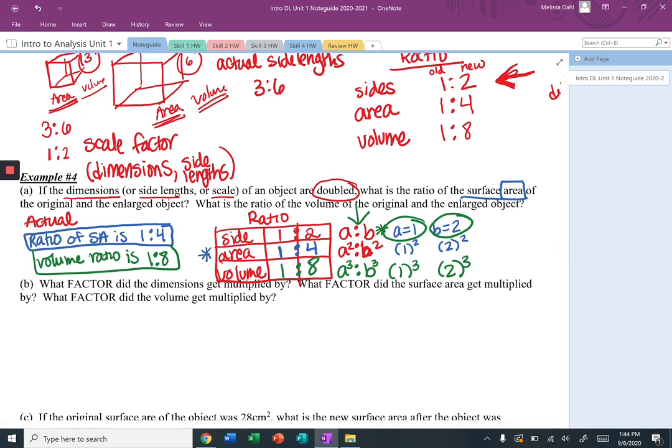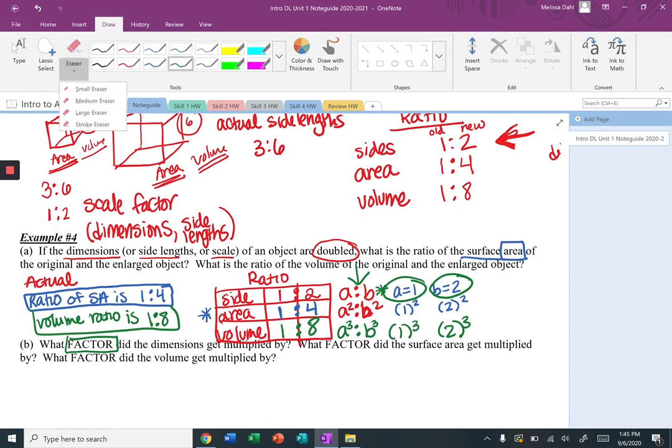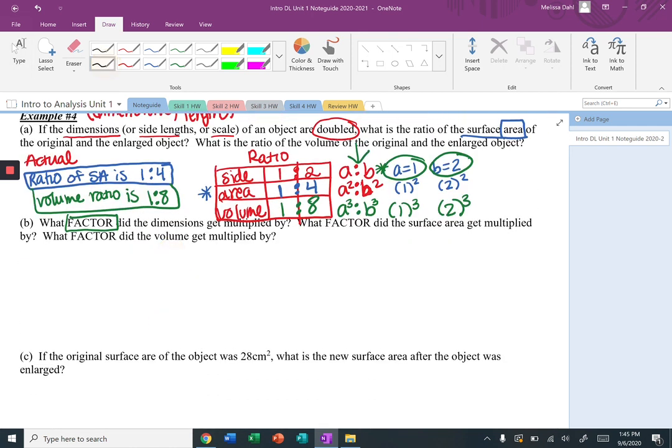All right, so then in part B, it says, what factor did the dimensions get multiplied by? So this doesn't ask for a ratio, this asks for a factor. That kind of question is basically saying you had an old number, it got multiplied by some factor, and that made a new number.